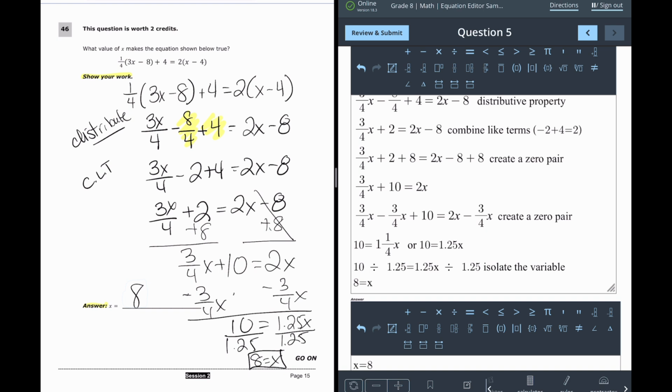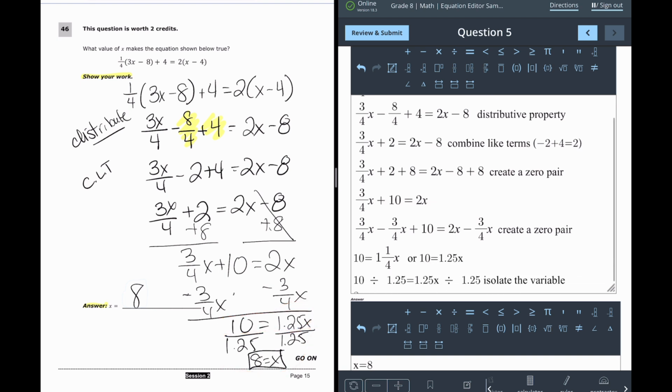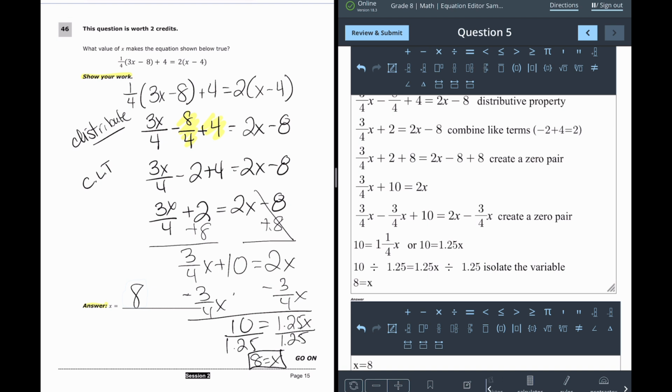And that gave me this. And then I rewrote it adding the minus. So all I did was I put in minus the 3/4. And I got 10 is equal to 1.25. And I explained how I got this. And I showed my last division pieces. So the only thing I could think of that can probably help to make this look even better is when I created the 0 pairs.